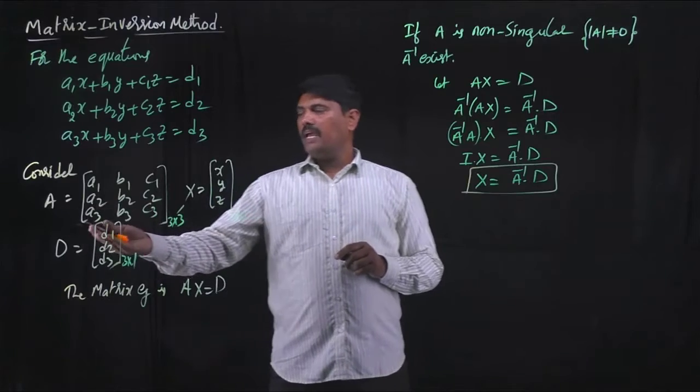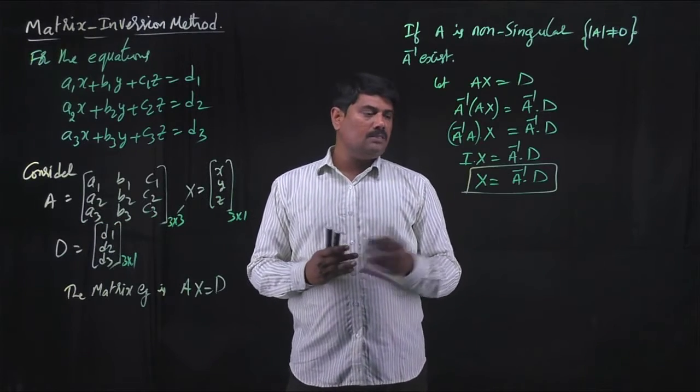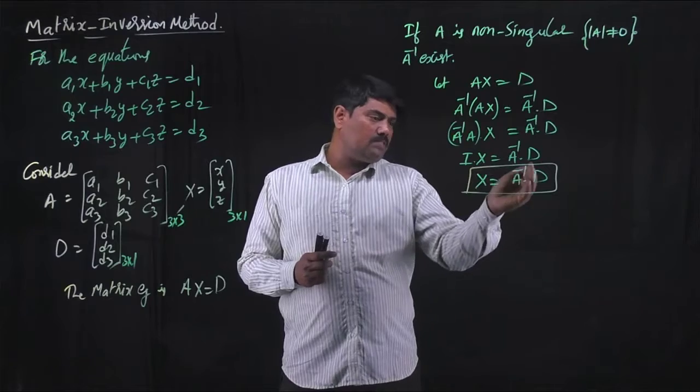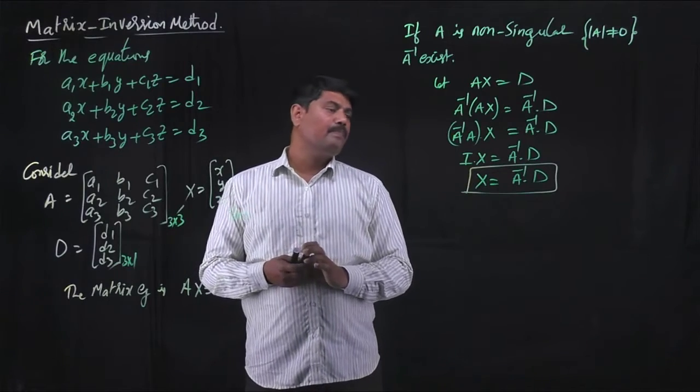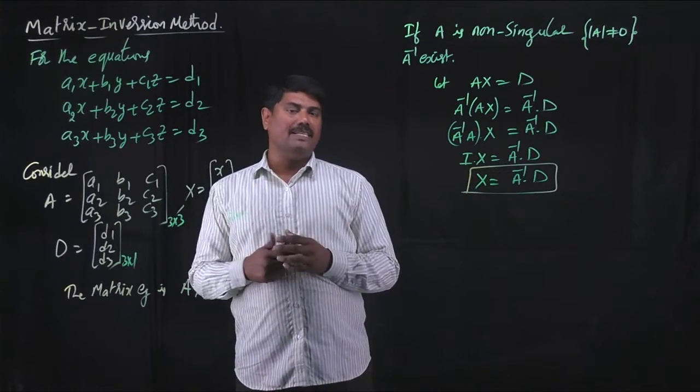For the given A, if you find A inverse and multiply it with the constant matrix D, you can find the x, y, z values.